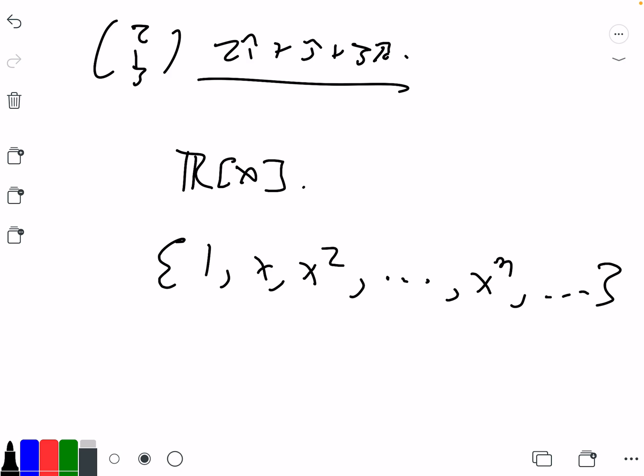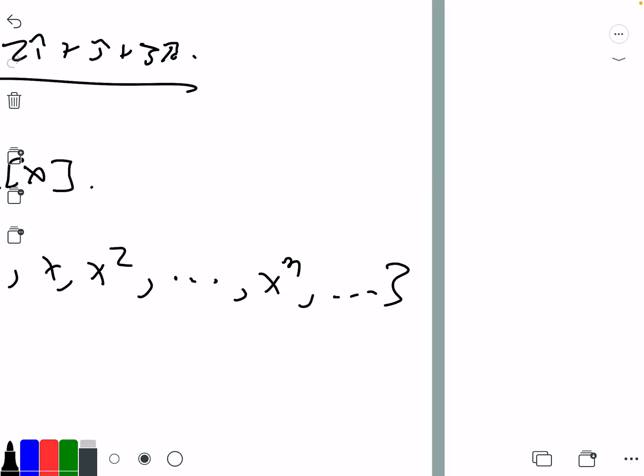So the basis does not need to be a finite set. The cardinality of the basis doesn't need to be finite, and this concept of the cardinality of the basis is now going to be relevant.